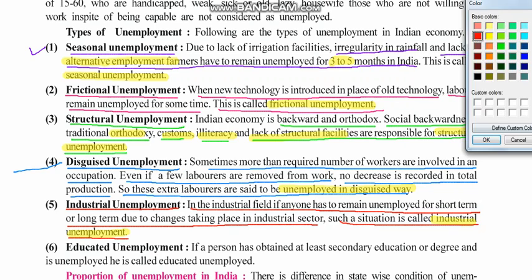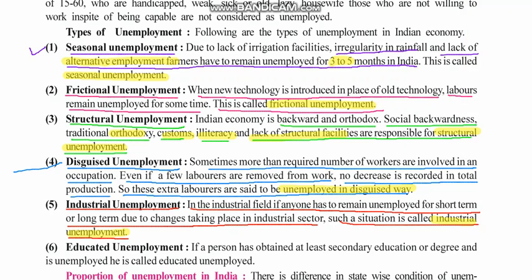And the last and the most important one, which is most prevalent in our society, is called educated unemployment. If a person has obtained secondary education or a degree and is unemployed, it is called educated unemployment.